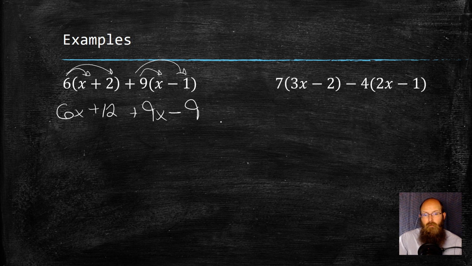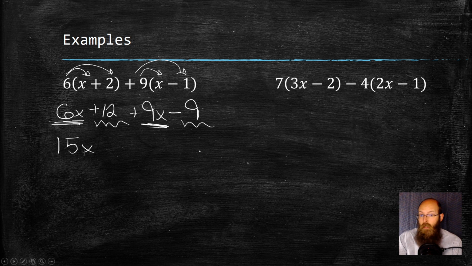Now I've got to look for those like terms. Here's 6x and 9x. Those are like terms. They both have the same letter and the same exponent on my letter. So 6 and 9 is going to get me 15 of those x's. Then I have a 12 and a negative 9. Those, again, they look a lot alike, right? They don't have any letters, so they're like terms. And what is 12 if I take away 9 from it? That gets me a positive 3.